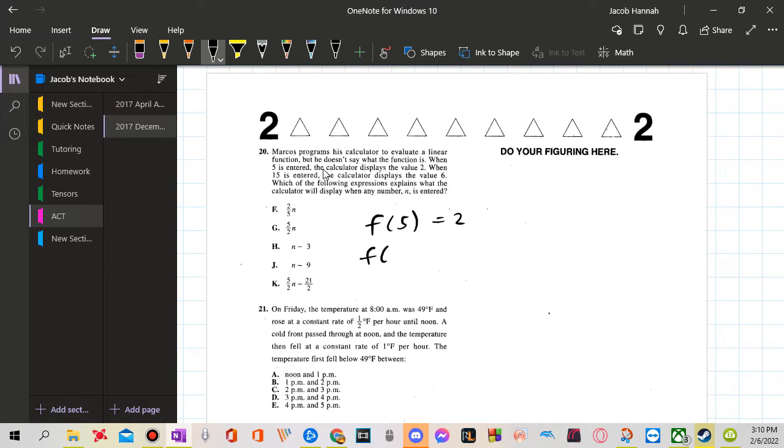So let's do f of 15 is equal to 6. So we can do f of 15 minus f of 5 is equal to 4.